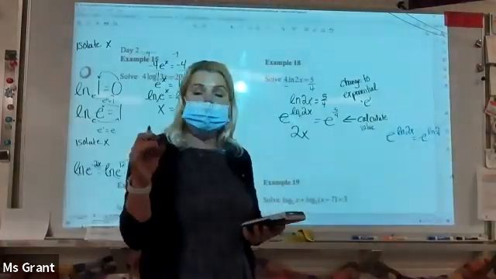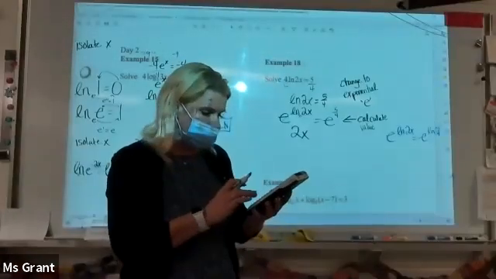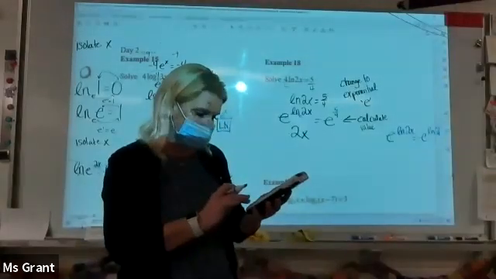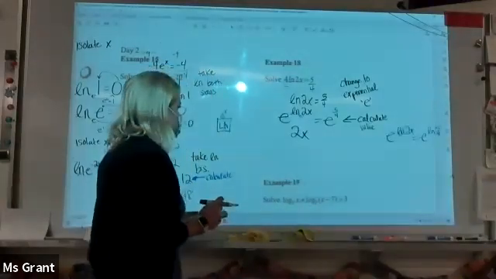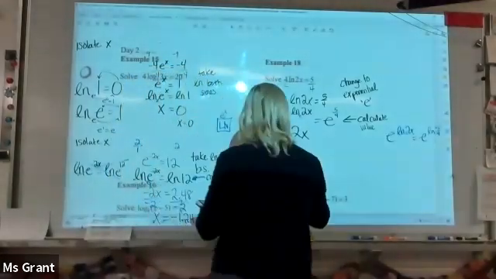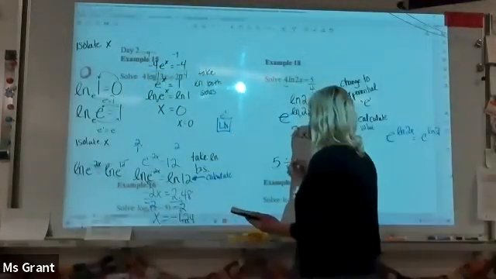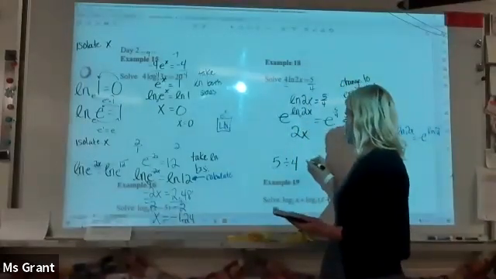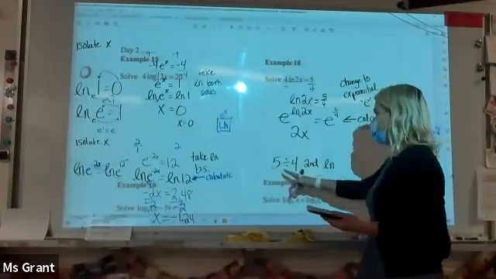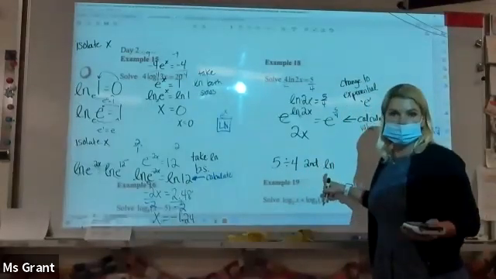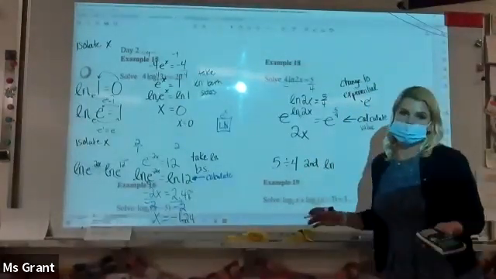And then the exponent that you're doing is 5 divided by 4. Some of your calculators, you might have to do 5 divided by 4, second function ln. Everybody's calculators are different.